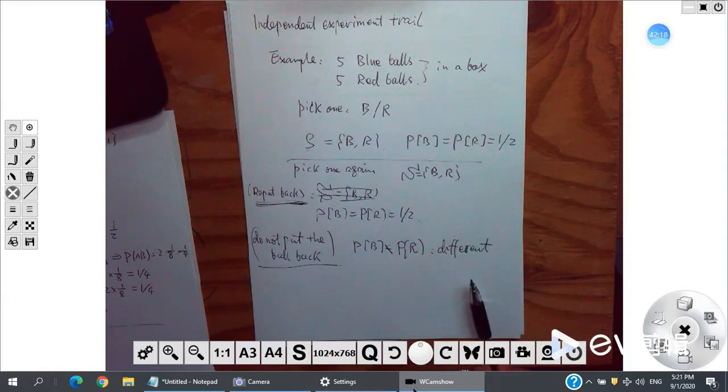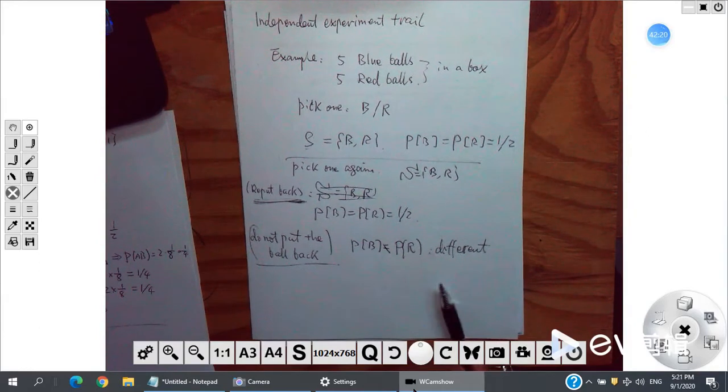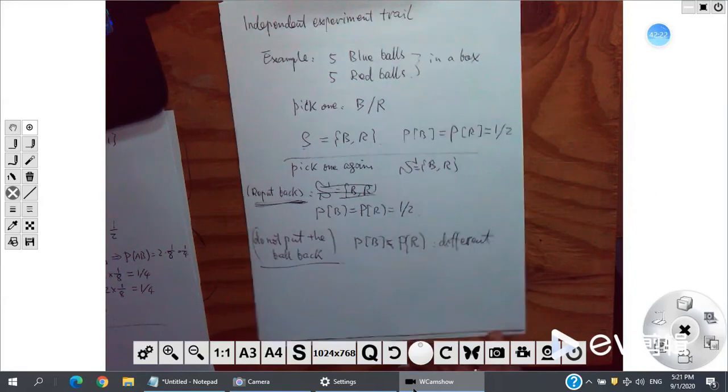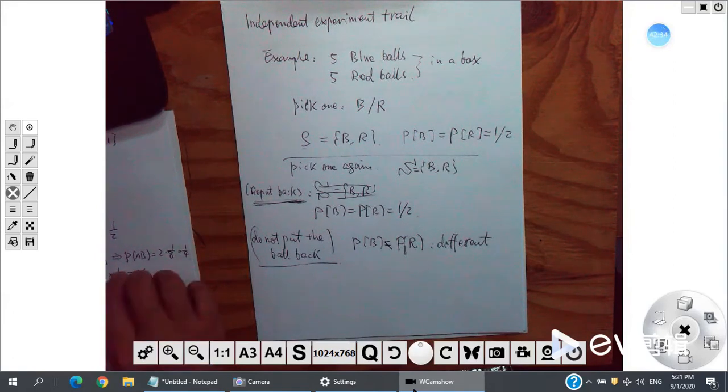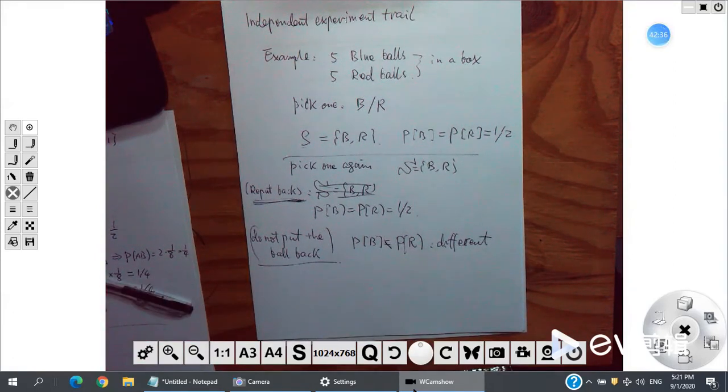And before you perform the first experiment, you cannot be sure what these 2 probabilities will be, because they depend on the first experiment. So you can consider that now we have 2 experiments, right? The first experiment, just pick a bar from here, and then we perform the second experiment.